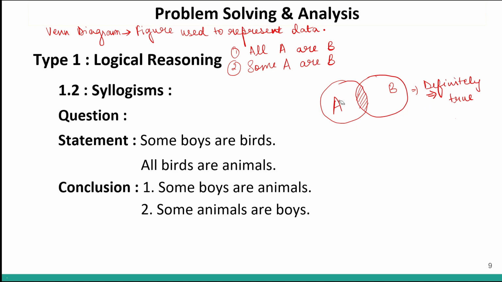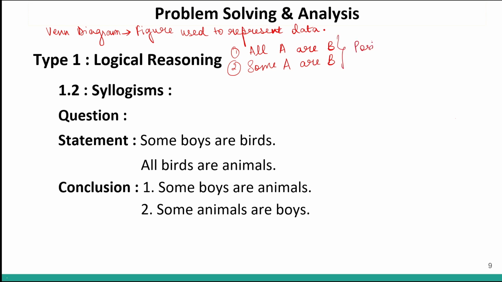Clear? Now, these, all A are B and some A are B, are called positive statements. Then there are two statements which are called negative statements. Now, what do you mean by negative statement?